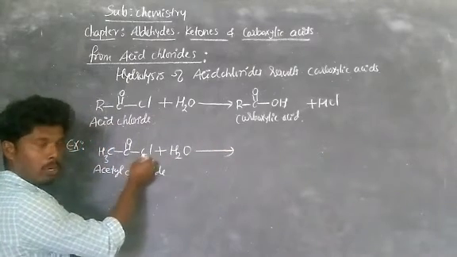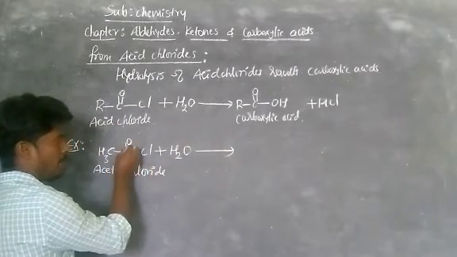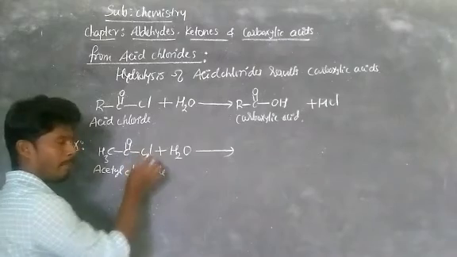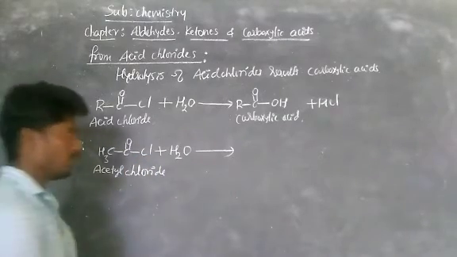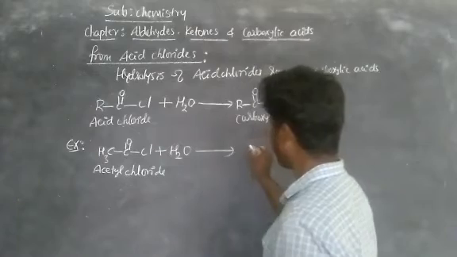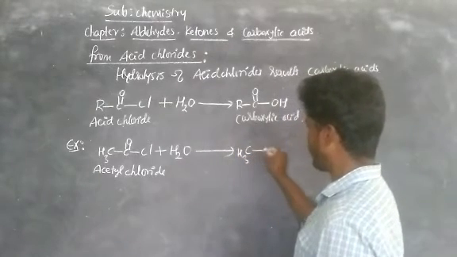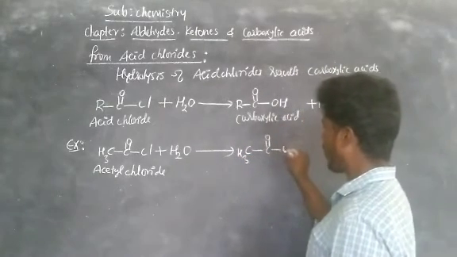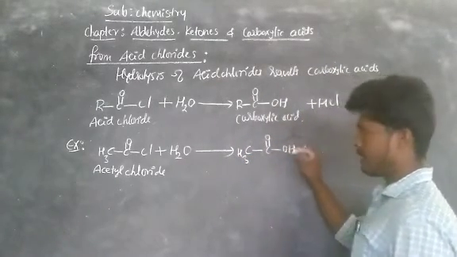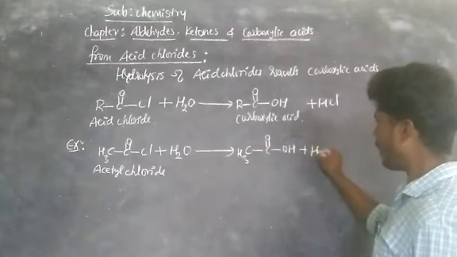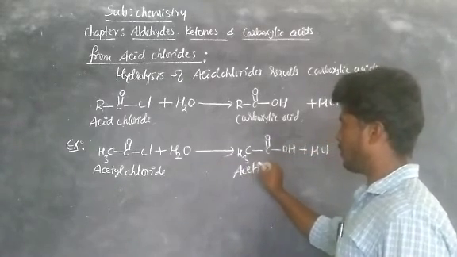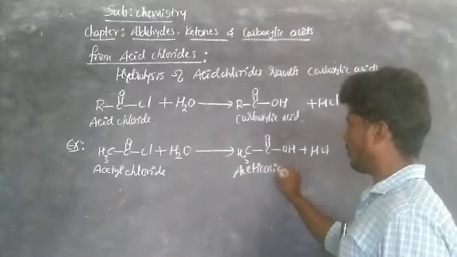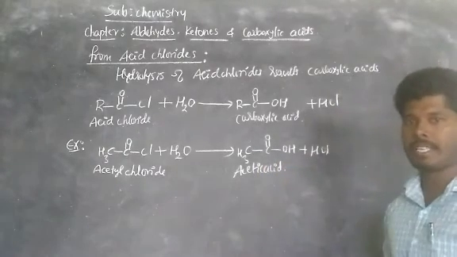H and Cl become HCl, and CH3 C double bond O with the OH of water becomes ethanoic acid. So you get CH3 C double bond O bond OH plus HCl. What is its name? Acetic acid. Okay, so this is the example.